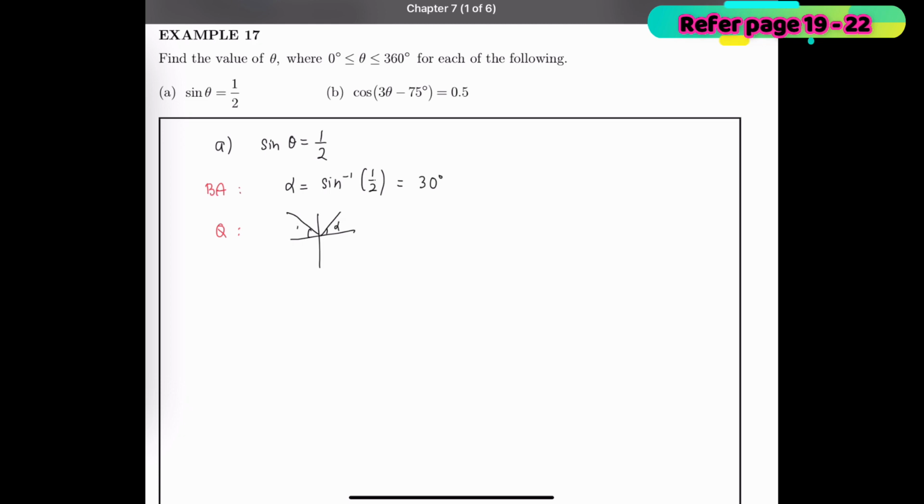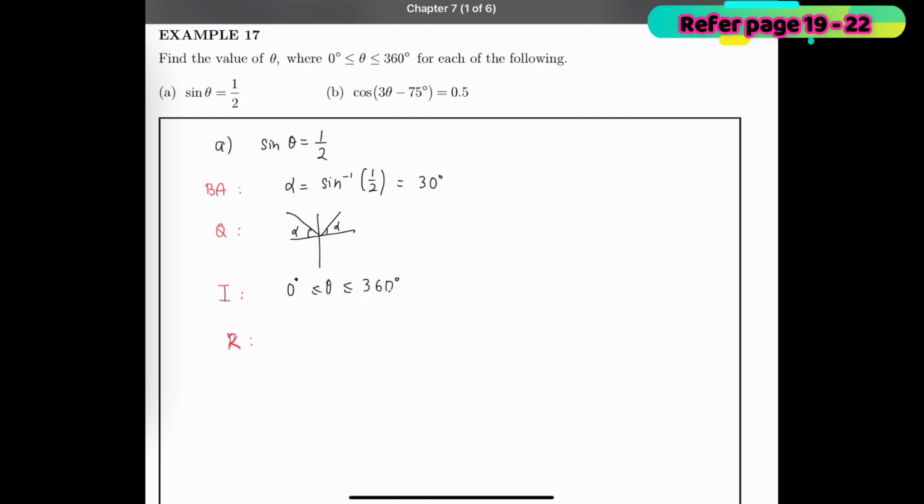So this is basically our alpha. The third step is to find the interval. So the interval is from 0 to 360. And the last part is to rotate.